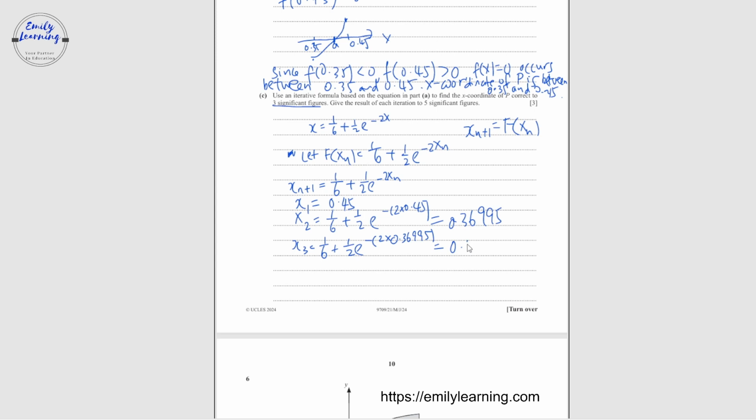So I get 0.40524. Okay, 5 significant figures. Let's go on to x4. I won't stop here because if I round it off to 3 significant figures, this is 0.370. This one is 0.405. So they are not similar, so I cannot stop. I need to continue.